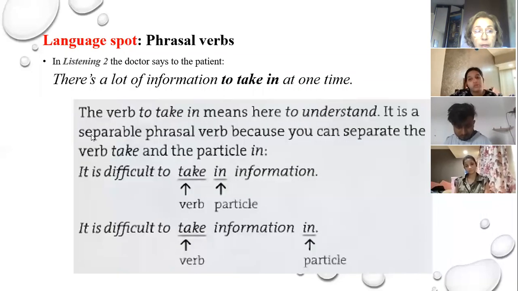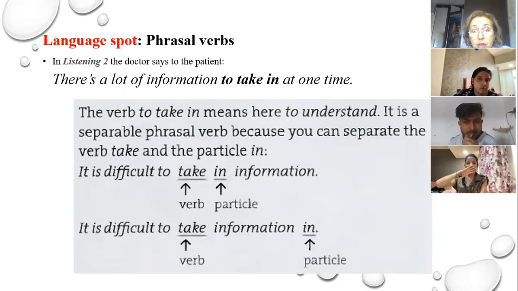If we have a look at the next slide, we can see the example from the conversation of a doctor to his patient. The doctor says there's a lot of information to take in at one time. Let us focus on this phrasal verb, take in.